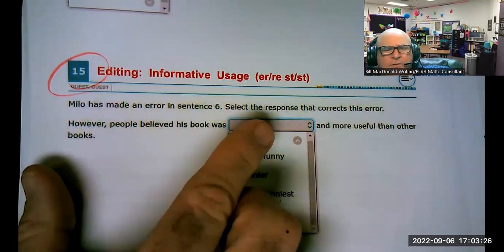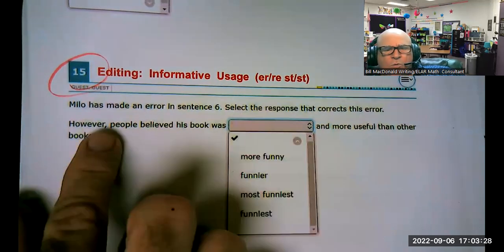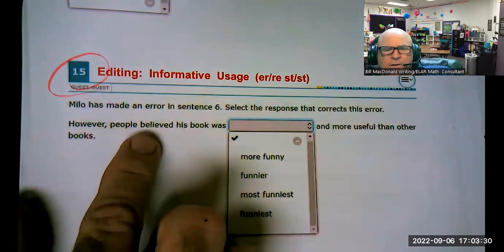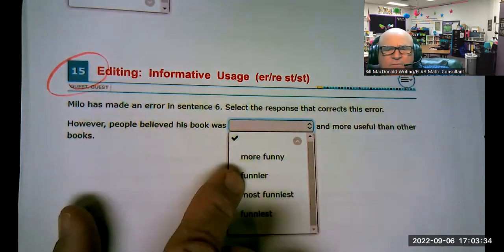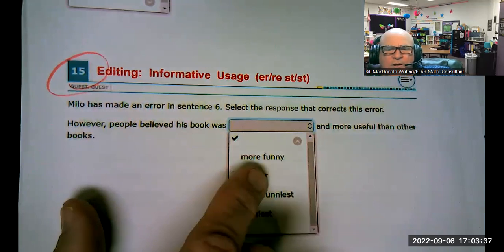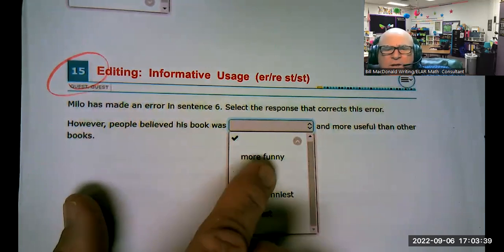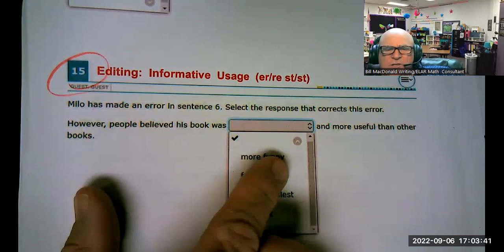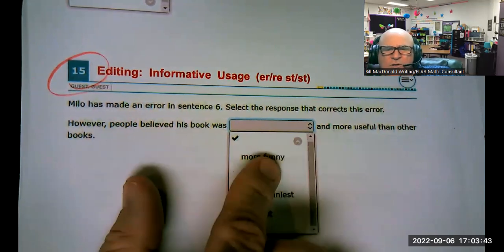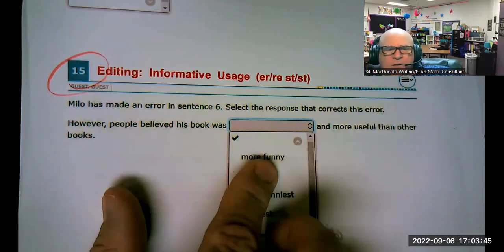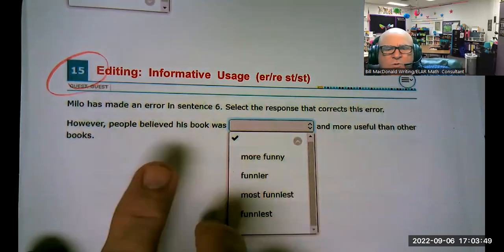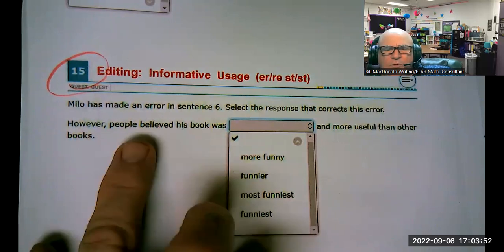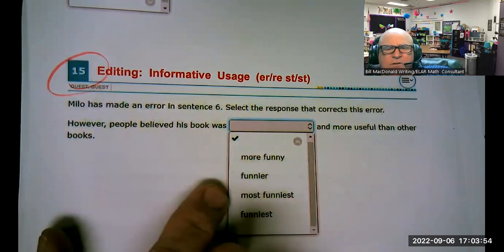However, people believed his book was more funny and more useful. Since we have more and more, that would be repetitious, so I wouldn't want to use that. However, people believed his book was funnier and more useful than other books.